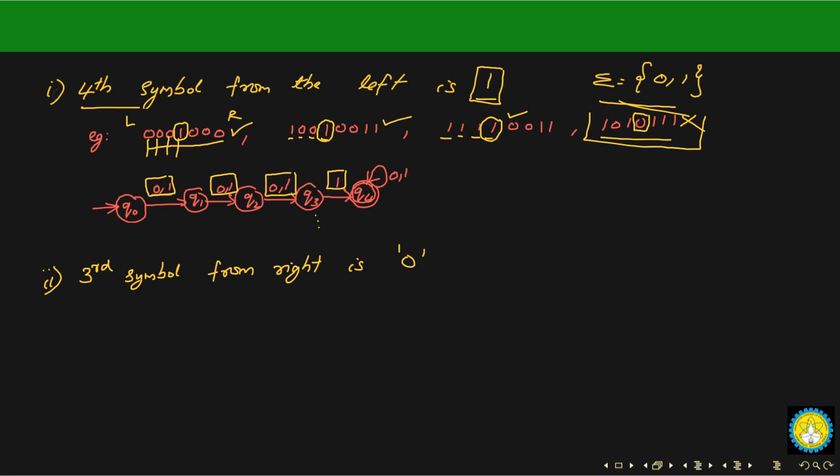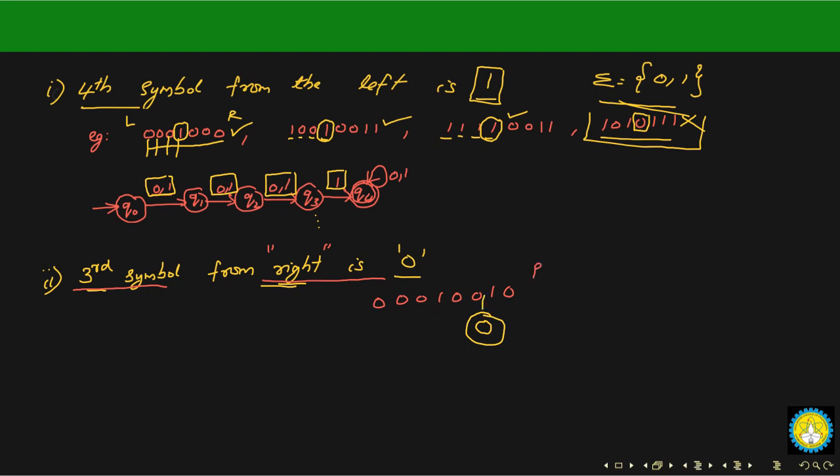We have another question here in which we want the third symbol from the right to be 0. Remember, this is asking for the third symbol from the right. Suppose the string given to us is 0, 0, 1, 0, 0, 1, 0.